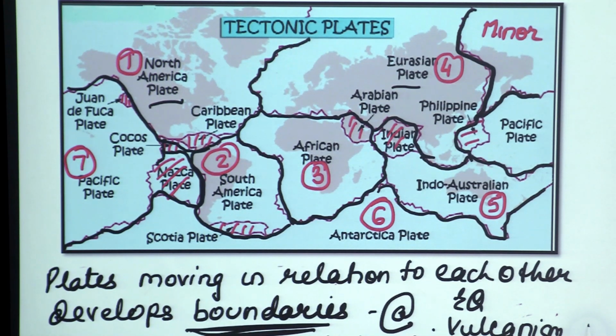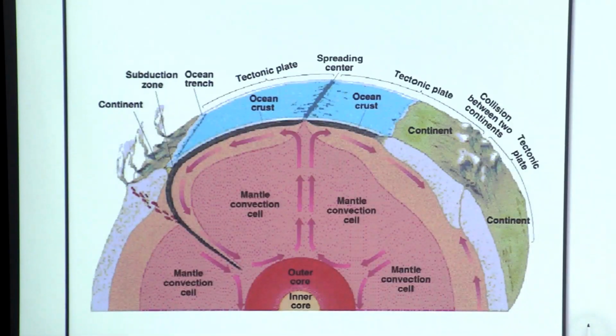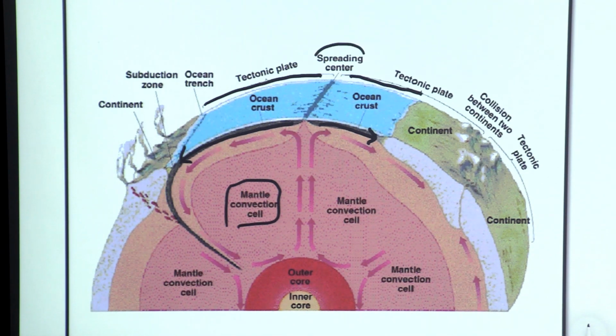So it develops boundaries. What are boundaries? Under the effect of mantle convection, when lithospheric plate diverges, it tends to develop spreading center. This spreading center is oceanic ridge. When it comes in convergence, I have got this convergence, I have got this convergence.